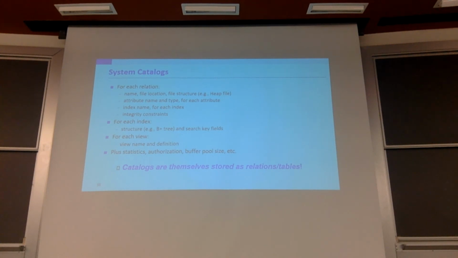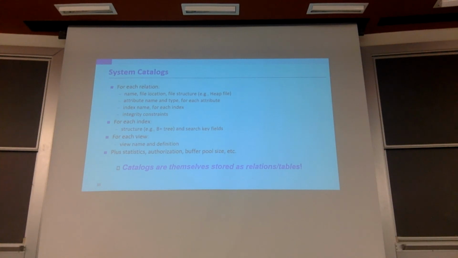Those are all called metadata about the database records, tables, and everything in the database. So where are they stored? They are stored in something called a catalog. This system catalog itself is actually stored as relations or tables.